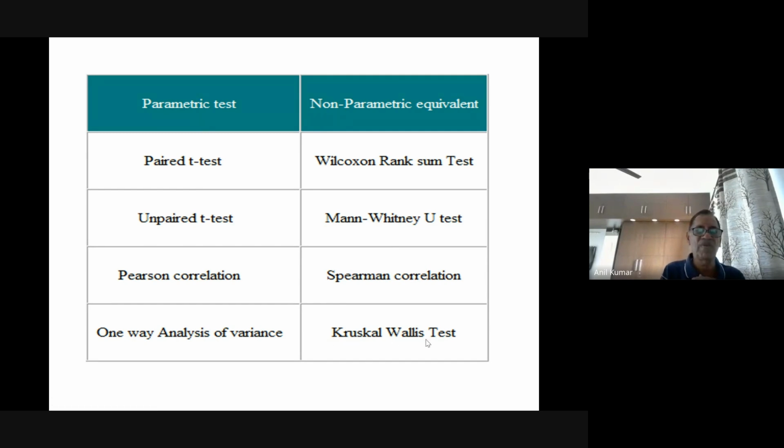So now think of the parallel test also. Don't force yourself to use only parametric tests. Of course, it is a powerful test. It gives you very reliable and dependable results if you use parametric tests in data analysis. But the use of parametric tests, again I am repeating, requires certain assumptions, and if your data is not compatible with the use of parametric tests, go for the equivalent non-parametric tests.